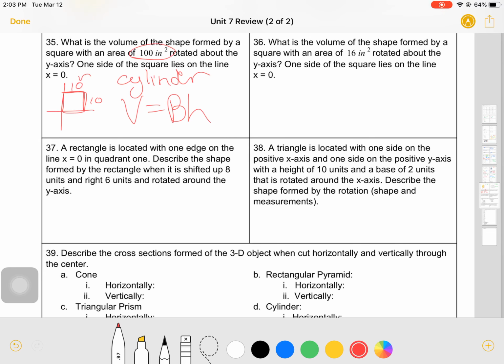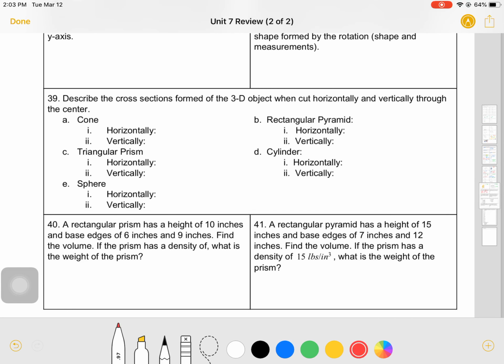Remember that this 10 becomes the radius, the 10 vertically becomes the height. For number 39, remember we are cutting our 3D object horizontally and vertically. On your test, I will give you a picture so it's easy to tell which way is horizontally and which way is vertically, but go through these and fill in those answers, and then if you need help with any of them, let me know.